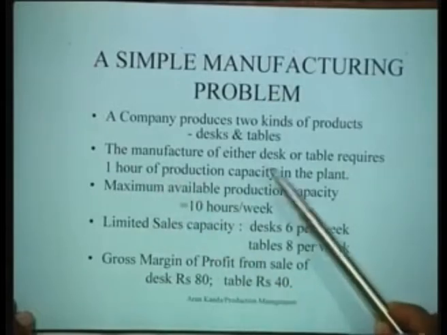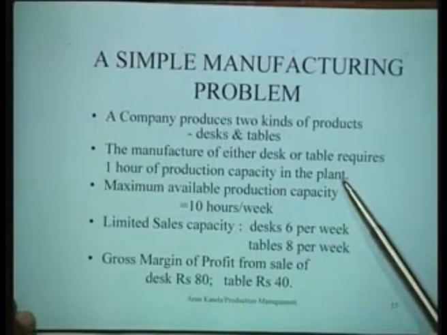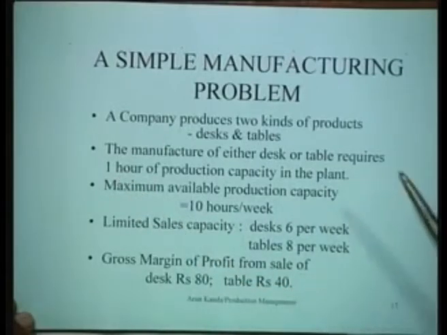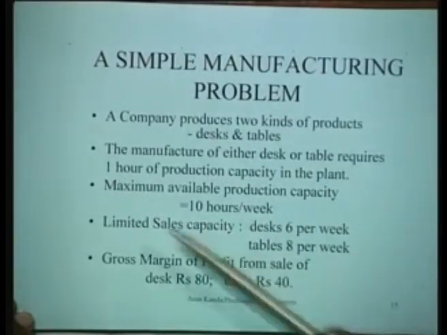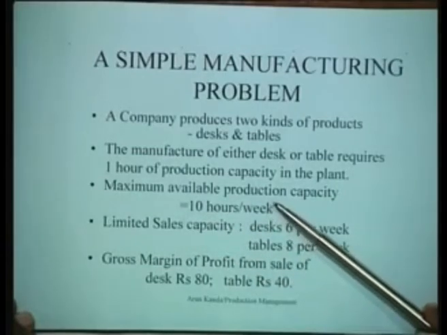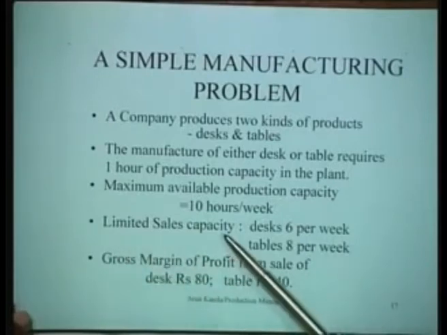and the manufacture of either desk or table requires 1 hour of production capacity in the plant. So whether you produce a desk or a table, it means 1 hour of production capacity in the plant, and the maximum available production capacity is only 10 hours per week, let's say, and there is a limited sales capacity.